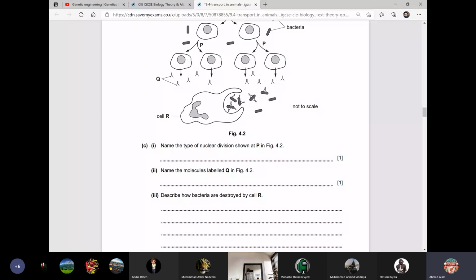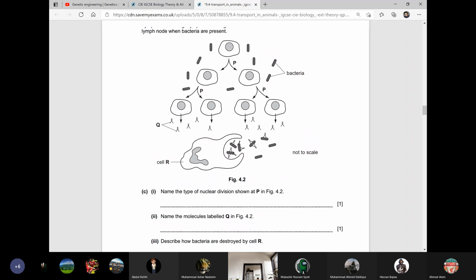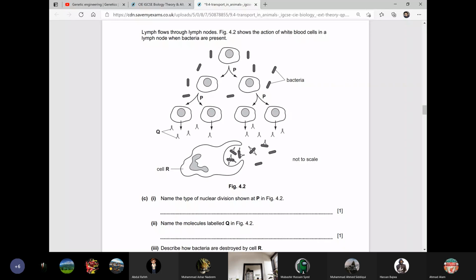Now name the type of nuclear division shown at P in figure 4.2. Now this question is not in your syllabus, but this is called mitosis. You will learn about this inshallah in grade 9 second term. Now name the molecules labeled Q in figure 4.2. Yes, boys, what are these Q?